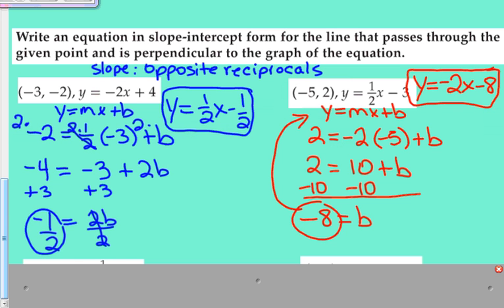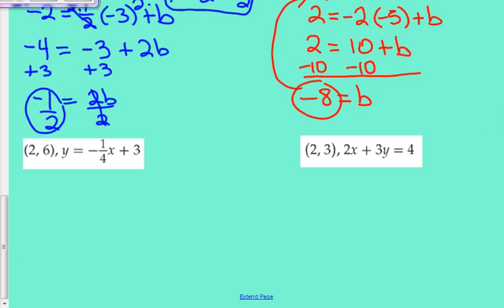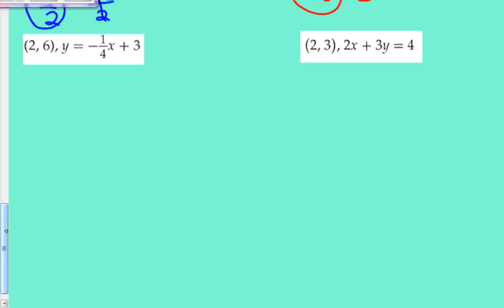We're going to do one more of the perpendiculars because they can be a little more confusing. Let me get rid of my screen shade and give me a little bit more room here. All right, let's go through this again. Y equals mx plus b. We're going to put y in for y. 6 goes here.